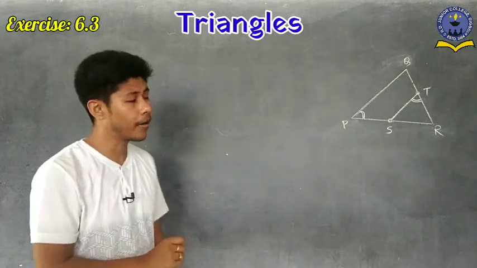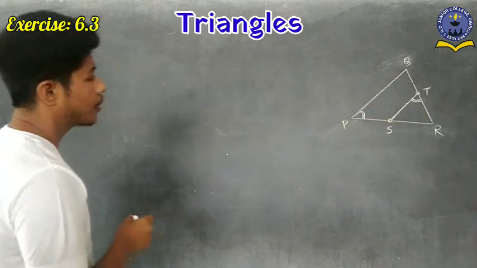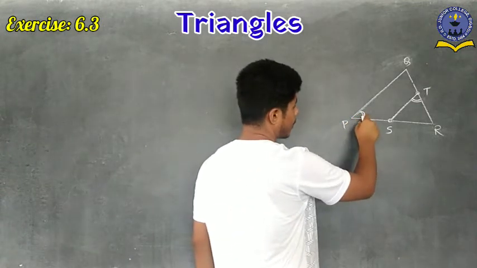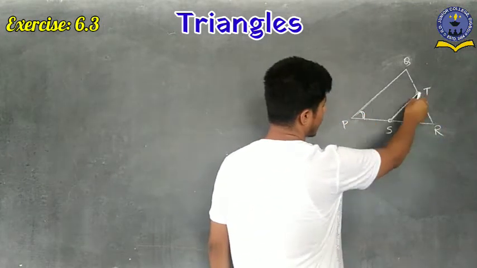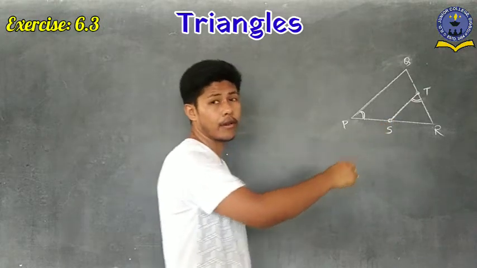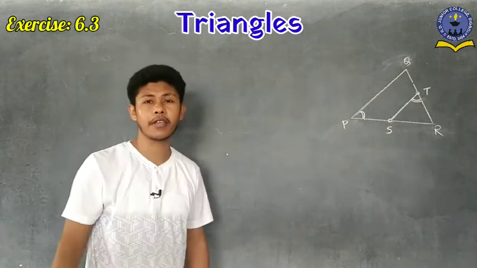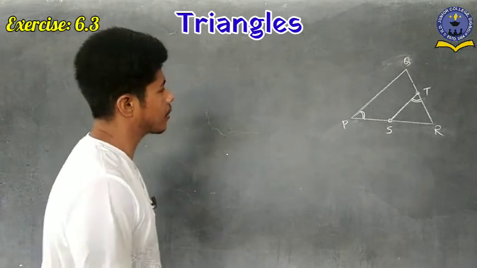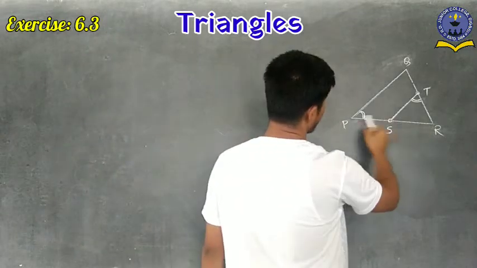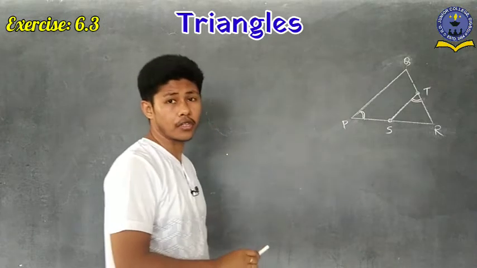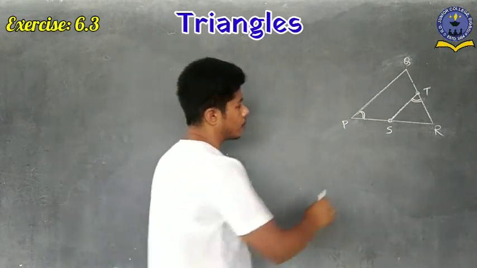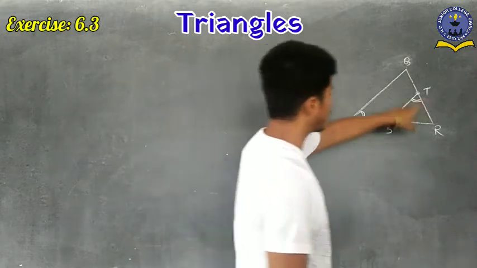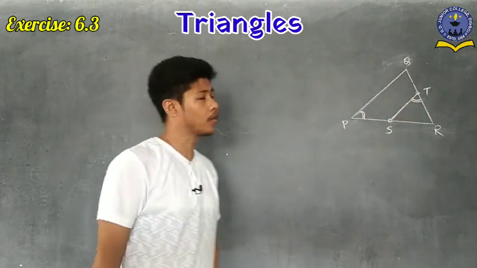And then after that, one condition is given. Angle P is equal to angle RTS. According to the question, these two angles are given equal. And what do we need to prove here? We need to prove that the bigger triangle RPQ is similar to RTS.